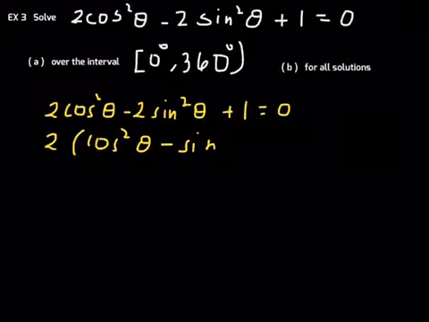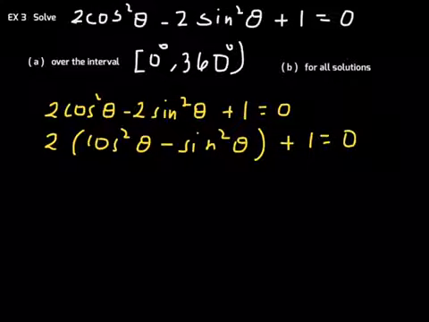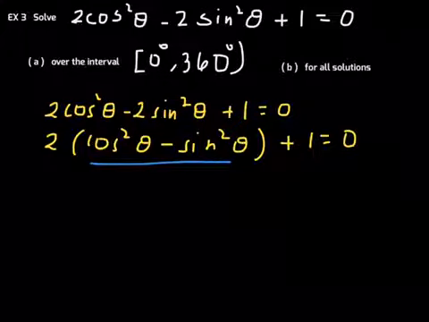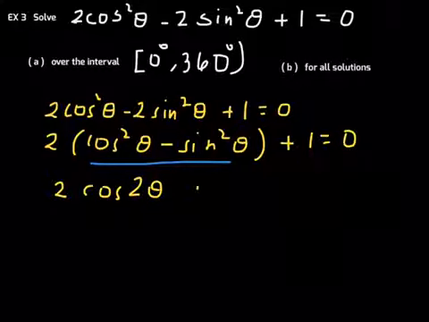And then the cool thing about it is that inside of the parentheses, I have an expression that reminds me of one of our identities. Cosine squared of theta minus sine squared of theta is the same thing as cosine of 2 theta. That's a double angle identity.